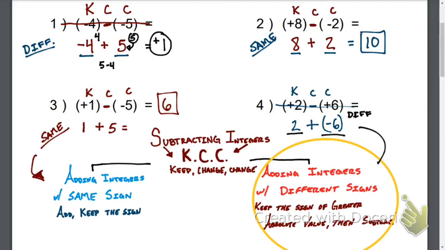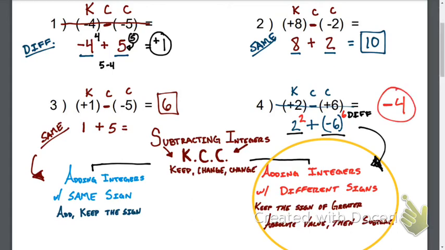So I'm going to follow this rule right here, and the steps say to keep the sign of the greater absolute value. The absolute value of 2 is 2, and the absolute value of 6 is 6. Then it says to subtract them. Since my absolute value of 6 was greater, I'm going to keep the negative sign, so I know my answer is going to be negative. Now I subtract 6 minus 2, which gives me 4. So my answer becomes -4.